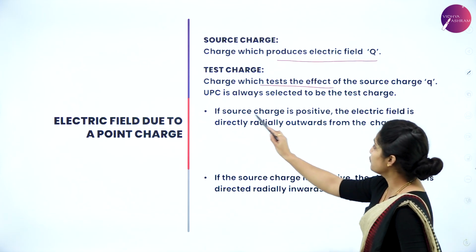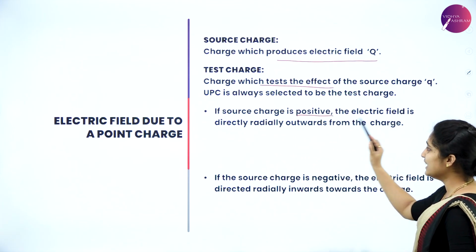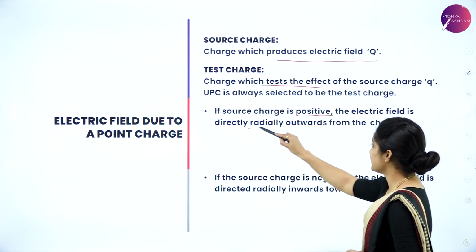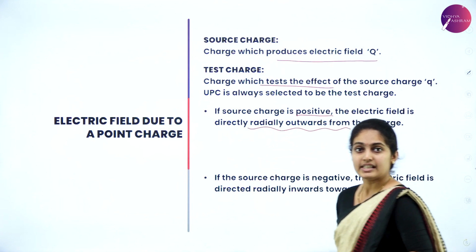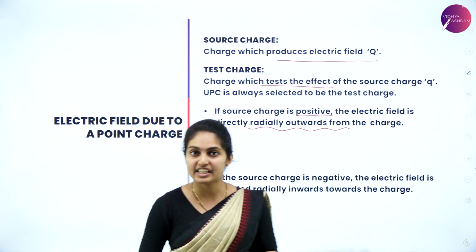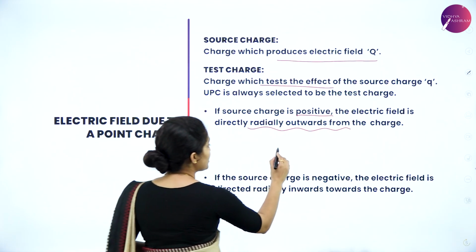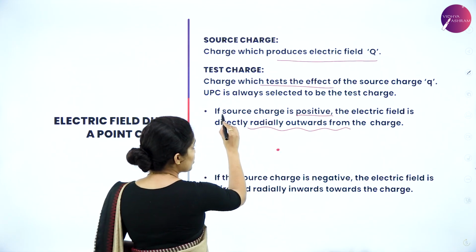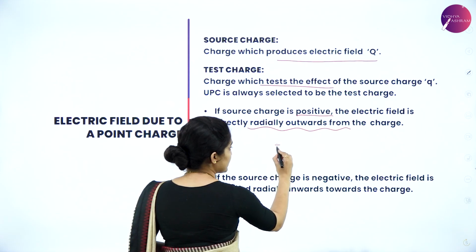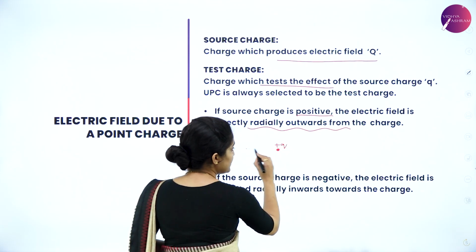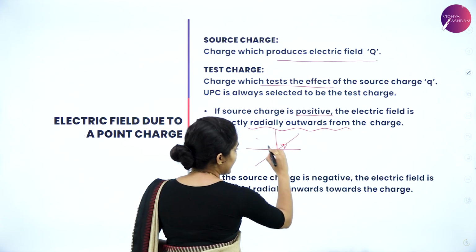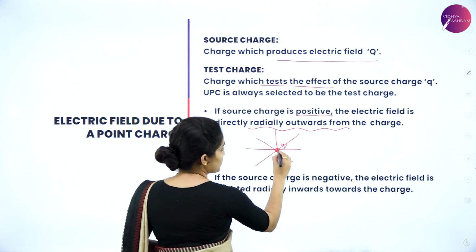Okay. So if the source charge is positive, the electric field, how is it? It is radially outwards. Radially means perpendicular. And we have a point charge over here. If the source charge is positive, if it is plus Q, what happens? We have radial directions, perpendicular directions to this point.